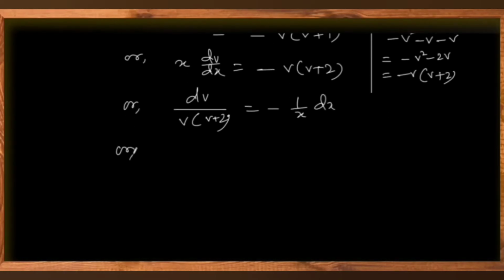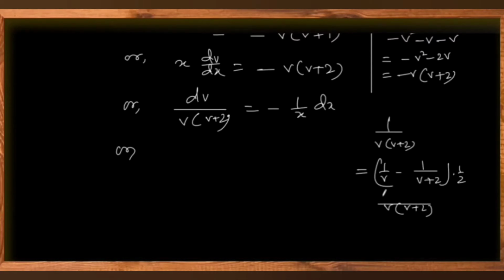We can write 1 upon v times (v plus 2) as 1 upon v minus 1 upon (v plus 2), times half, because if we calculate this we get v times (v plus 2) in the denominator, and in the numerator (v plus 2) minus v, where v cancels, leaving 2.